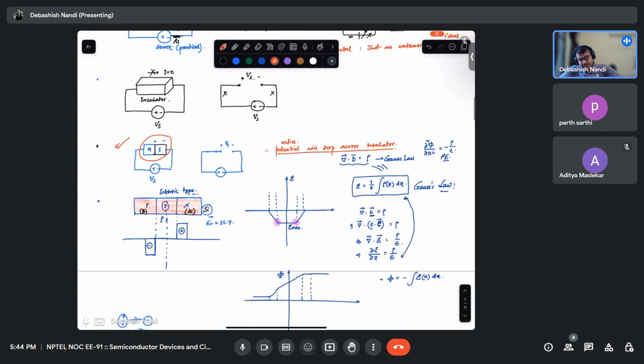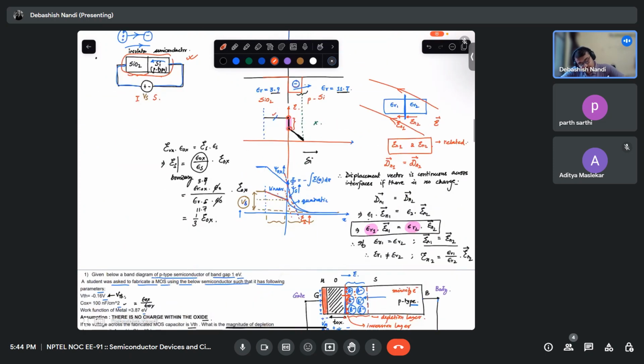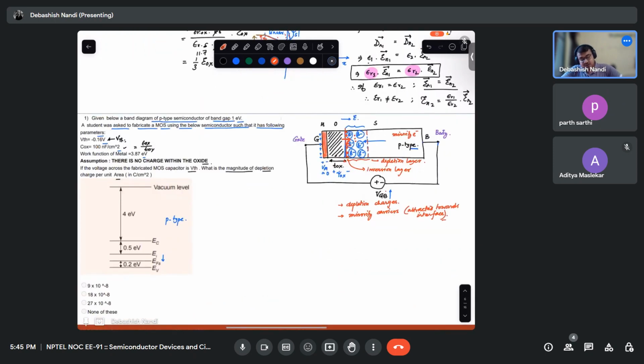If it is only metal and insulator, then it would drop across the insulator only. But if you have an insulator and semiconductor, some portion will get dropped in the semiconductor also, across that depletion region. So there will be a potential drop.